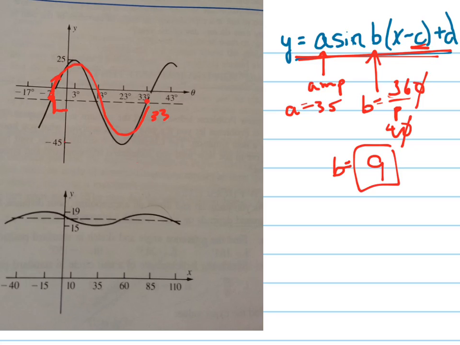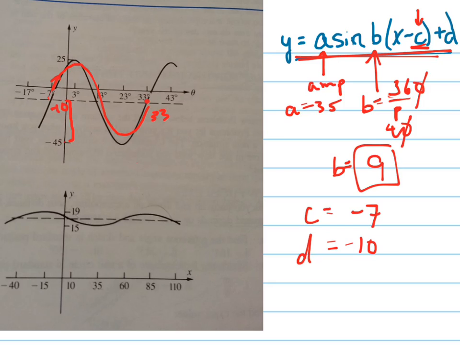C is the horizontal shift, and you'll notice that it doesn't start right here, it starts 7 back, so C equals -7, and remember when I put that in, it's going to turn into a +7 on the inside. And then D is the vertical shift. Notice that it's starting lower, and the amplitude is 35, so the distance from here to here is 35, which means that's -10 right there.